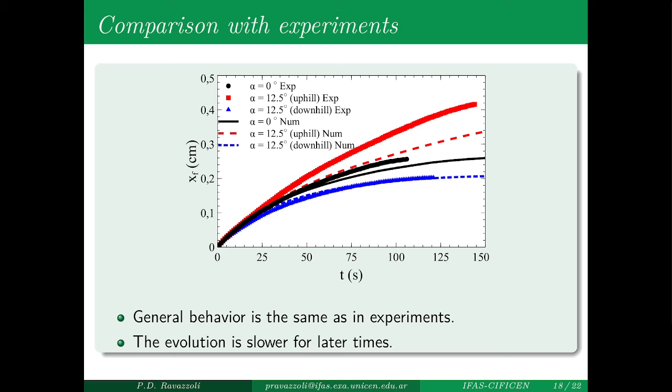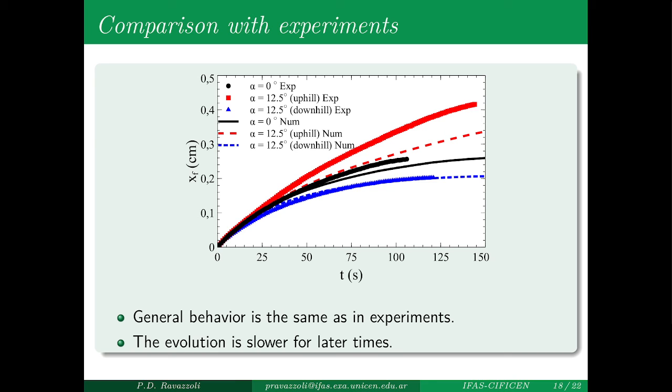When we compare the numerical tip position for the different cases with the experiments, we observe that the numerical simulation underestimates the displacement for the horizontal case. This is shown with the solid black line. This changes when the substrate is inclined.